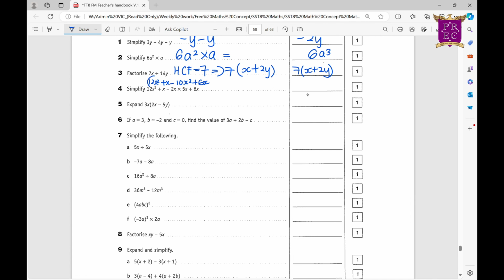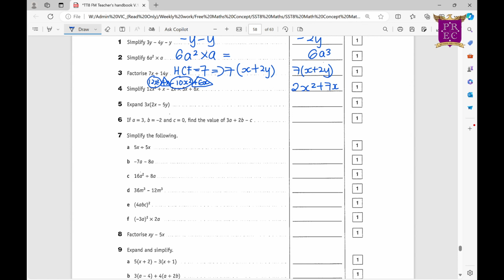So 12x squared and negative 10x squared is one. They're like terms, and plus x and plus 6x is another like term. So 12x squared minus 10x squared gives us 2x squared. And x plus 6x just gives us 7x.